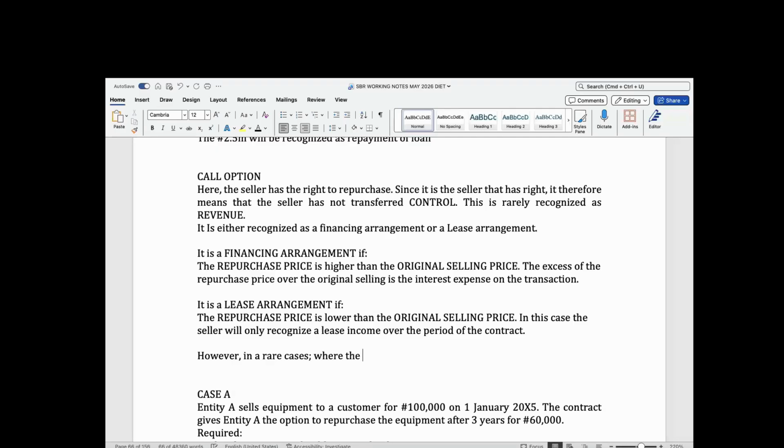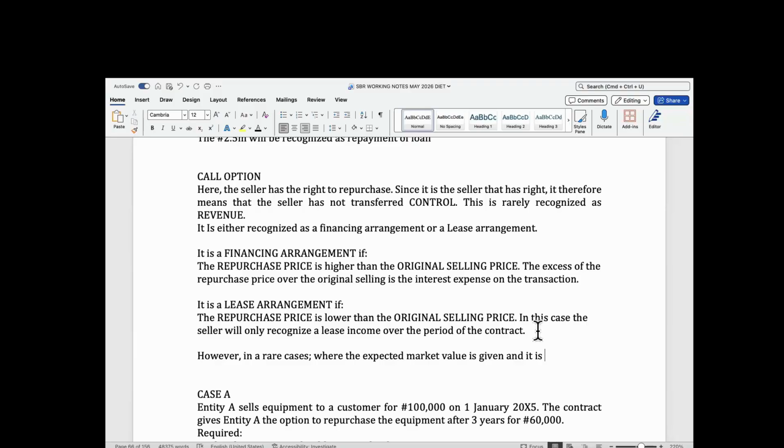where the expected market value is given. So they will give you an expected market value that will have been determined from the inception of the purchase agreement. When you compare it with the purchase price, that market value is much higher.